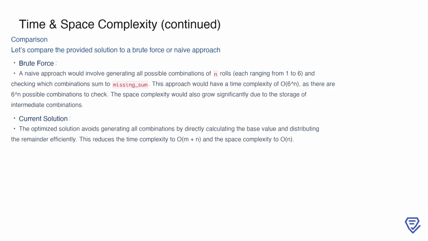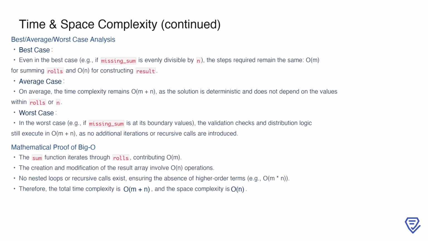In contrast, the optimized solution directly calculates the base value and efficiently distributes the remainder, avoiding the need to generate combinations. This reduces the time complexity to O(m + n), and the space complexity to O(n), making it far more efficient.